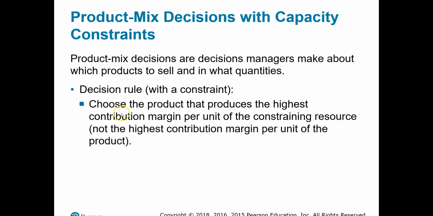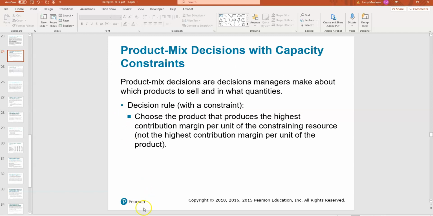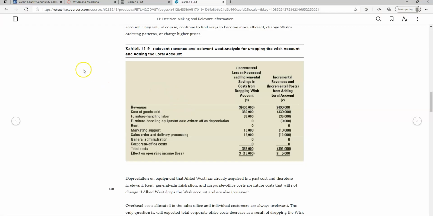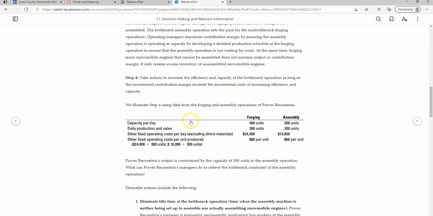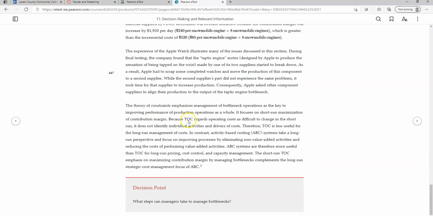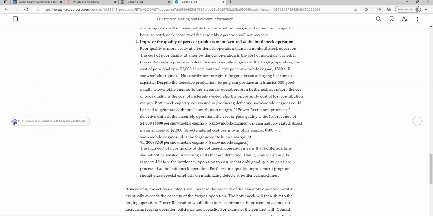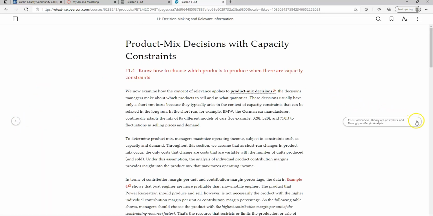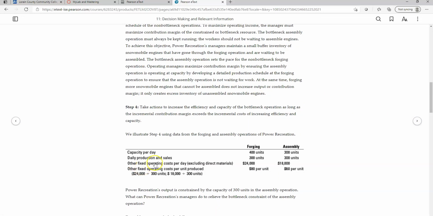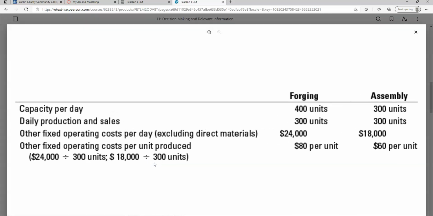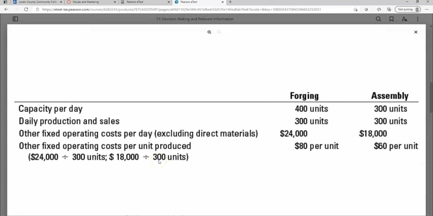Let's get out of this. And let's go back to our book here. And where's my... Oh, there's this one here. Okay, so let's take a look here at our capacity per day.